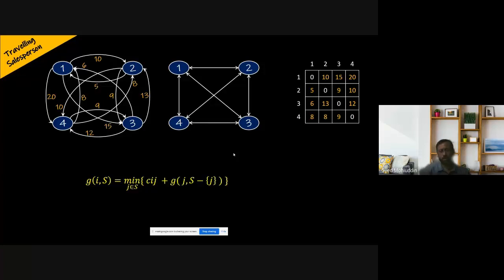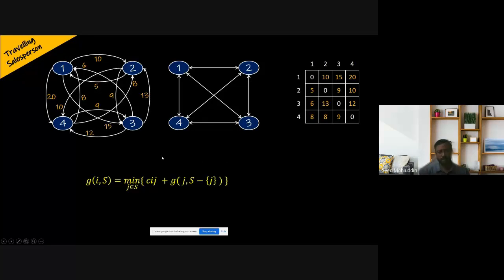The strategy we use, as in dynamic programming, is a formula here, G of I comma S. Here I is the vertex, initially the start vertex, and S is a set, a subset of the other vertices of the entire graph.